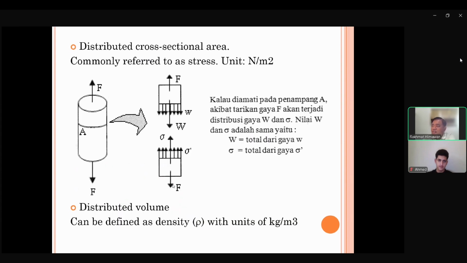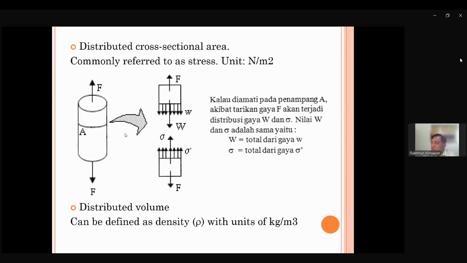While here, the force is distributed over a cross-section area. If we have this cross-section area, the distributed force is over this circle, and the area of a circle is pi multiplied by radius squared.